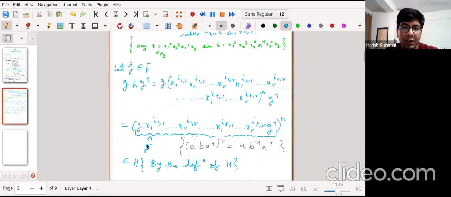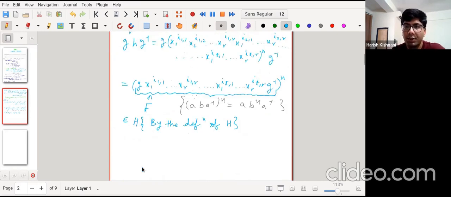So that's it. It's an element of F, and we have proved that g h g inverse is the nth power of an element of F. So g h g inverse belongs to H. Okay, and this implies that H is normal in F.